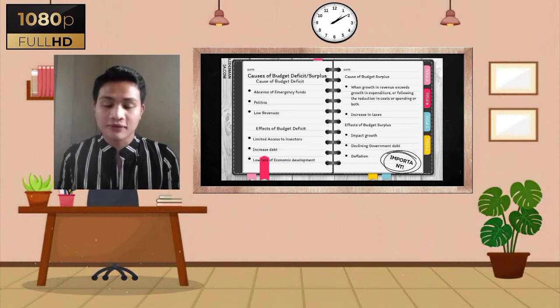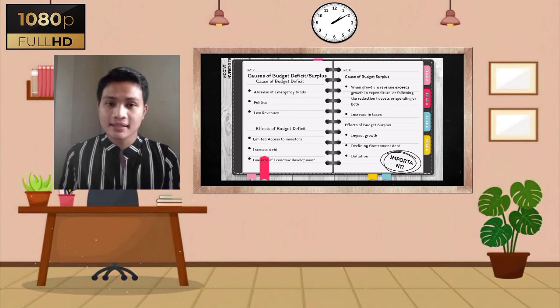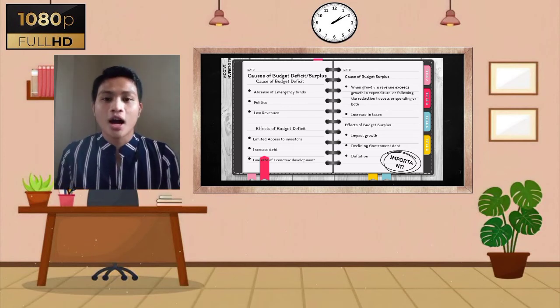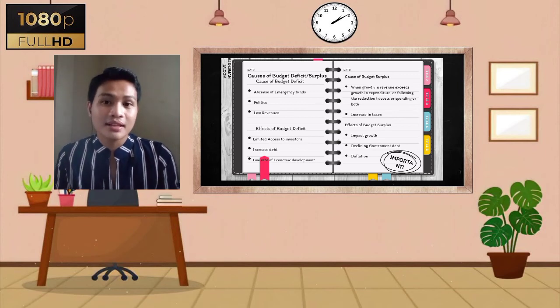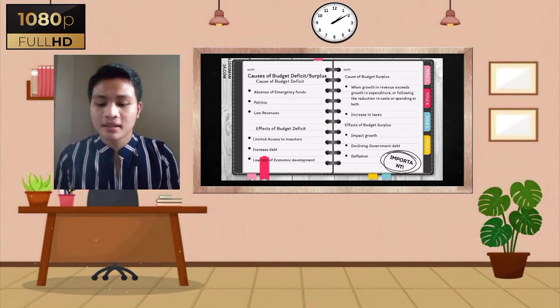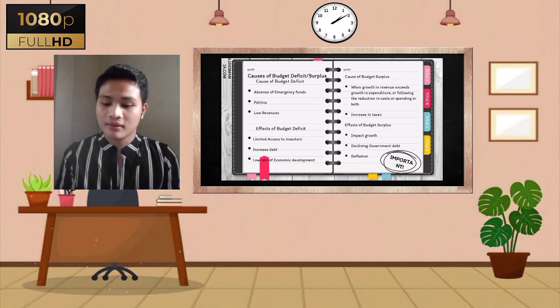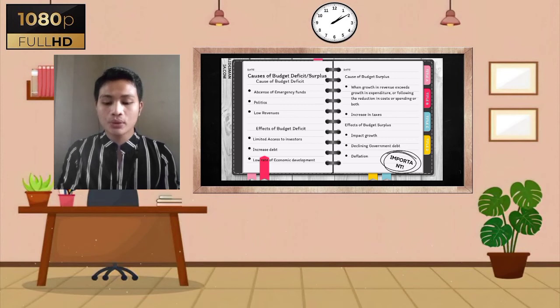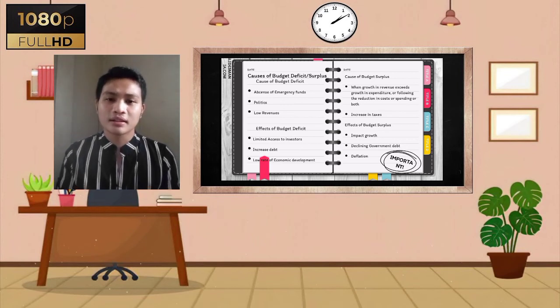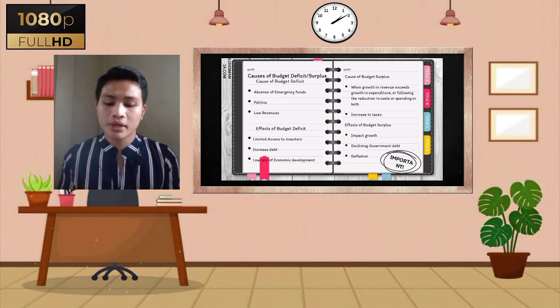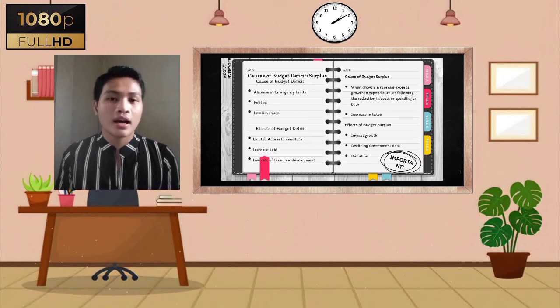And the effects of budget deficit are limited access to investors, the increase in debt, and low rate of economic development. Yes, of course, increase in debt. Our country would have an increase in utang, for short, the debt, and also limited access to investors and low rate of economic development, because as of now, our president has planned for the Build, Build, Build program.